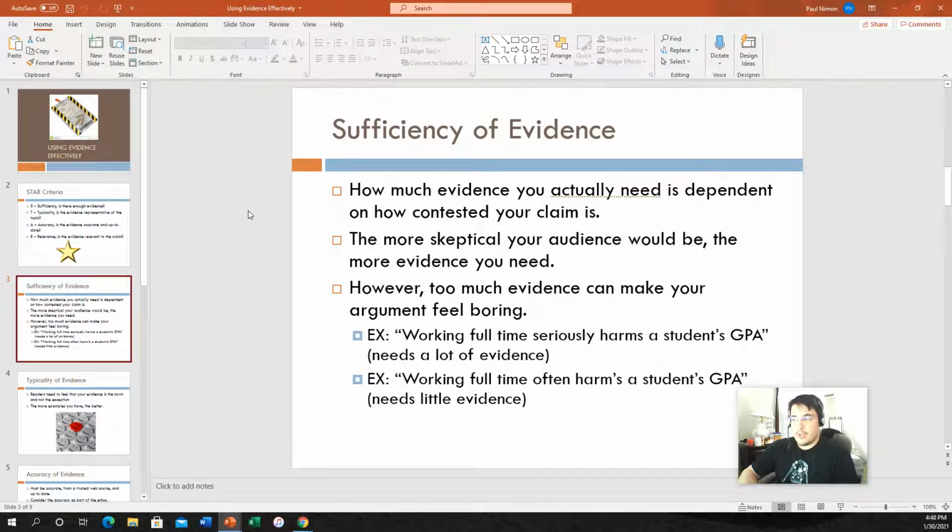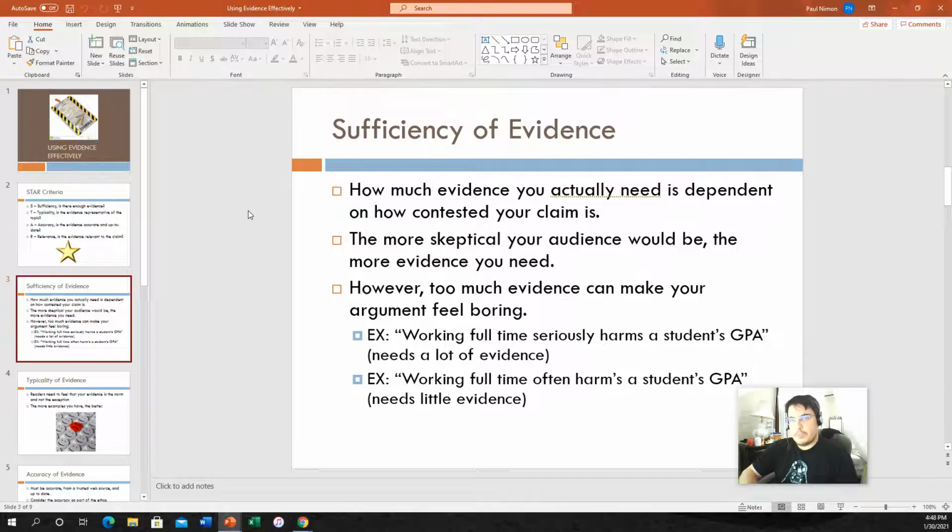If, however, I want to say that LeBron James is the best basketball player of this generation, I probably won't need that much evidence to prove that claim. Or maybe I want to say Tom Brady is the greatest quarterback of all time. I'm not going to need a lot of evidence to prove that claim because a lot of people already agree with that.